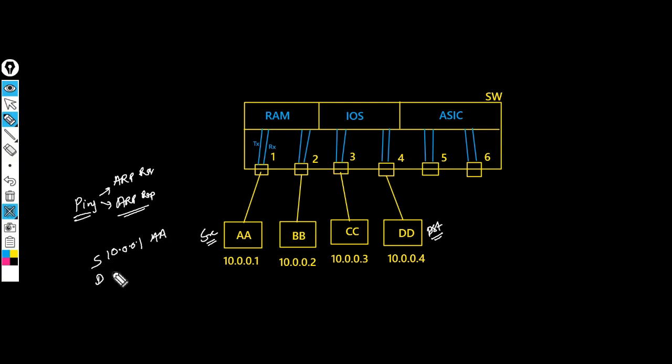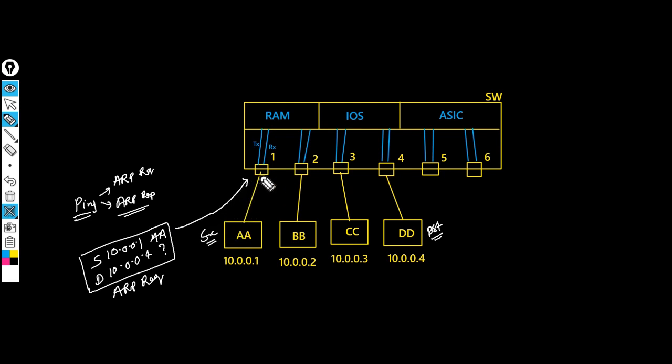Who is the destination 10.0.0.4? Give me your MAC address. This is a very basic packet that gets encapsulated here, and this will be considered as your ARP request. So the moment you go to this device and ping 10.0.0.4, it will generate this ARP request, and this ARP request goes to the switch.